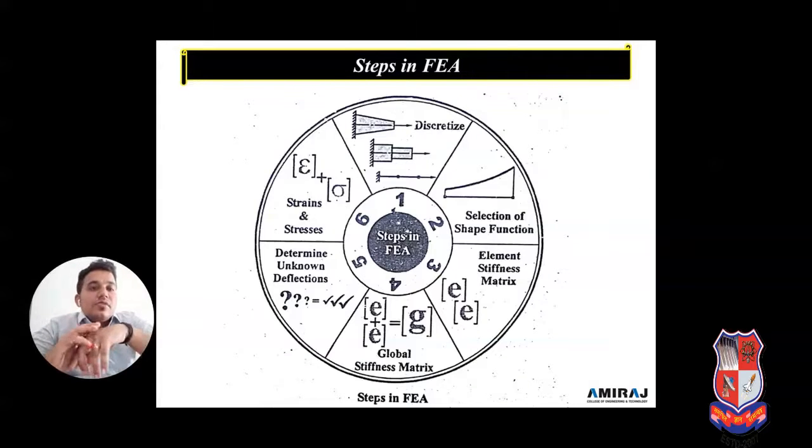Now, one of the most important questions frequently asked in GTU: the steps of FEA. These are the 6 steps we have to know. The first step is discretization, second is the shape function, third is the element stiffness matrix, fourth is the global stiffness matrix, fifth is determining the unknown deflection, and at the end we find the stress and strain.